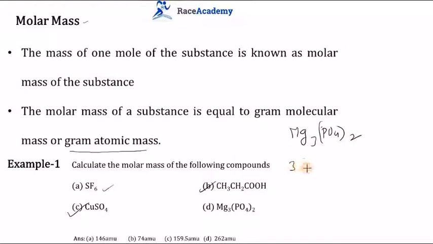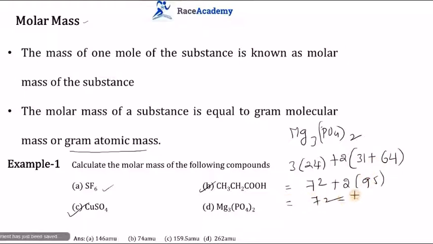As we know, one magnesium atomic mass is 24, so 3 into 24 is 72, plus 2 into 1 phosphorus, which is 31, plus 4 into 16 for oxygens. 16 is the oxygen atomic mass, so it will become 64, which is 95 for each PO4. So 72 plus 2 times 95, that is 190.